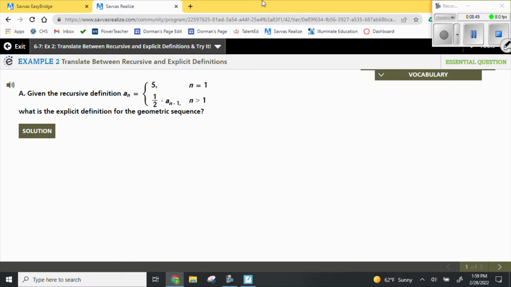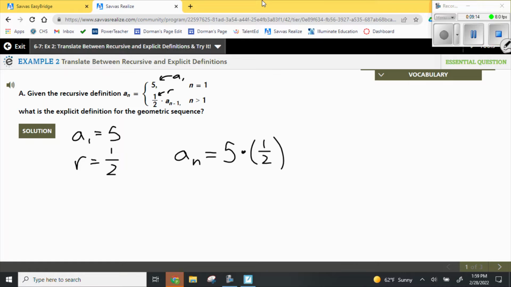So here, the information that I'm going to pick out of this is that that is a sub 1. So a sub 1 is equal to 5. And that r is right there. r is equal to 1/2. So if I was going to write the explicit definition, it would be a sub n equals a sub 1 times 1/2 to the n minus 1 power, just like that.